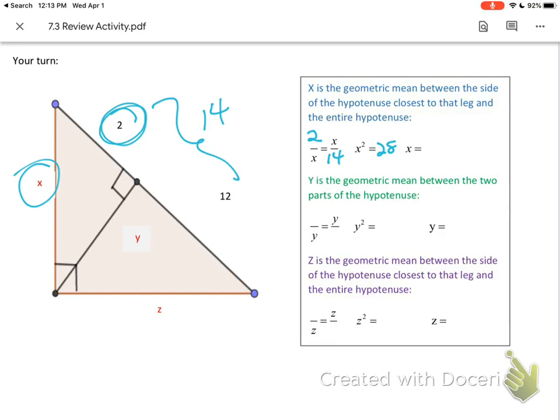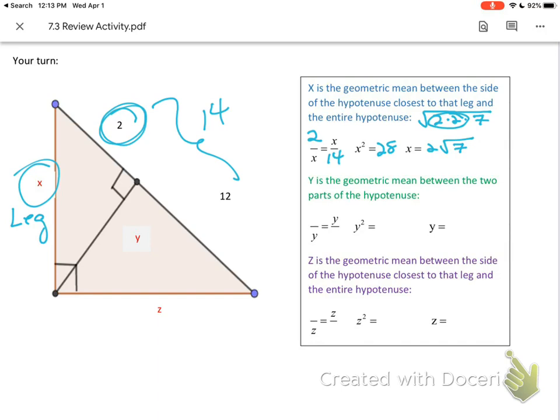What's that going to be? Well, 28 is 4 times 7, but 4 is 2 times 2 times 7, so I can bring that out as a single, and I have 2 root 7, and that's my value for x, which is a leg of the original triangle.